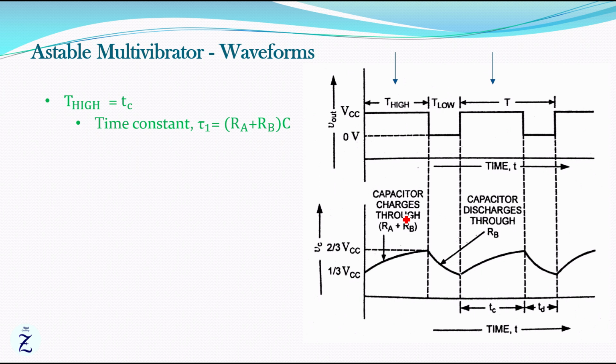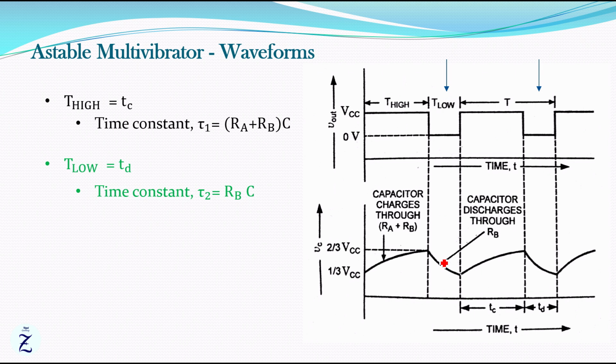And this time depends on the time constant τ1, which is equal to (RA plus RB) into C. On the other hand, the time during which the capacitor discharges from 2 by 3 VCC to 1 by 3 VCC is equal to the time duration the output is low.